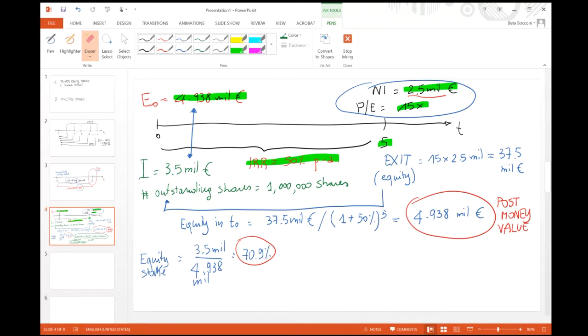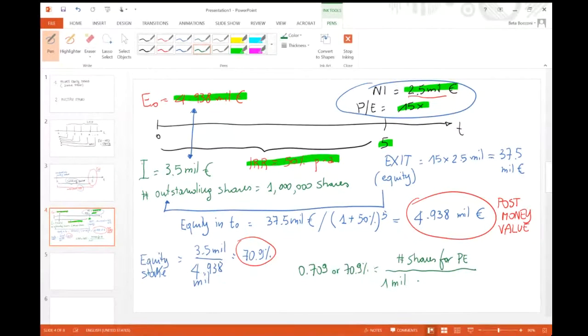Follow me in the reasoning: if we want to buy 0.709, or 70.9% equity stake, we want this equity stake to be the number of shares for the private equity investor divided by 1 million existing outstanding shares, plus the number of shares for the private equity investor.